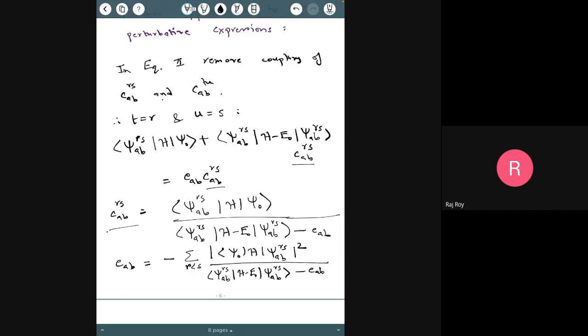Okay. But see, there is a problem now. This is not exactly an expression yet because I have EAB on both sides.